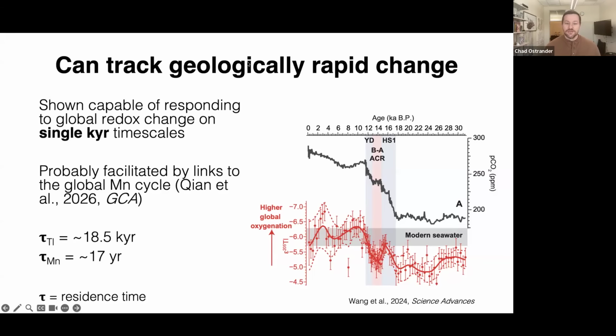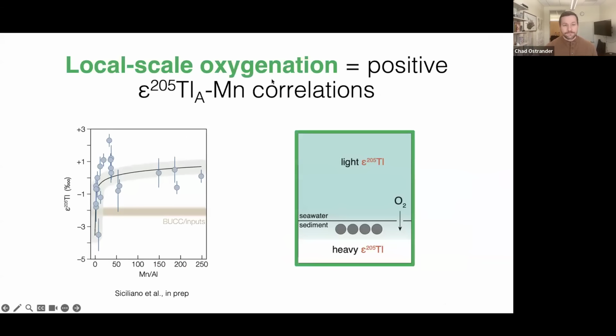So perhaps really non-steady state short-term shifts in manganese cycling in the global ocean can get thallium to respond much more quickly to redox change. So it opens up this tool for tracking really short-term change. Molybdenum isotopes can't do this. Uranium isotopes can't do this. Those residence times for those elements in seawater are on the order of many hundreds of thousands of years.